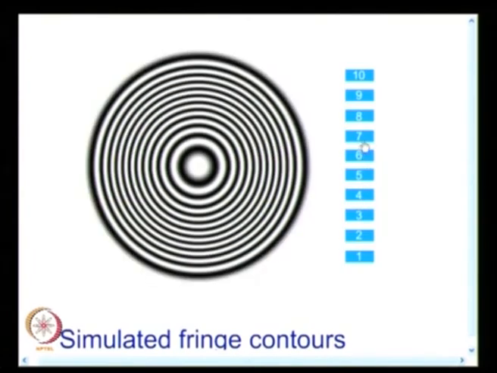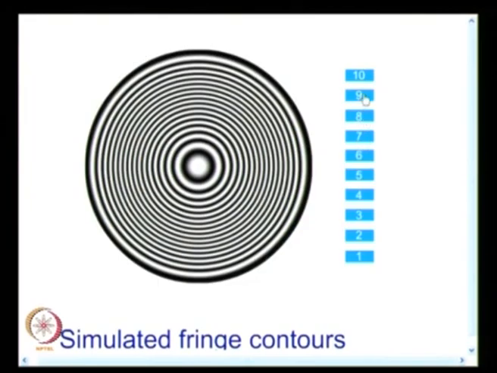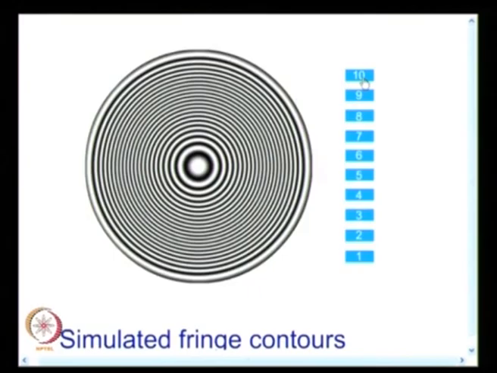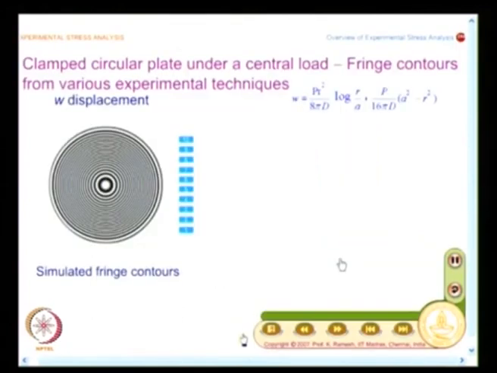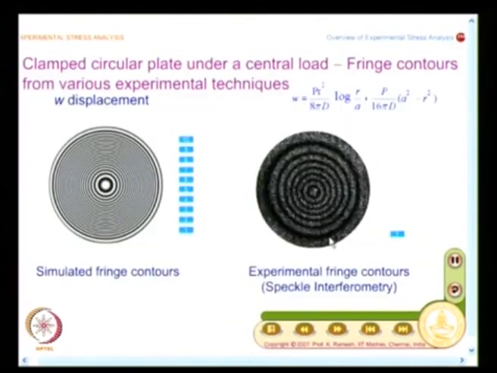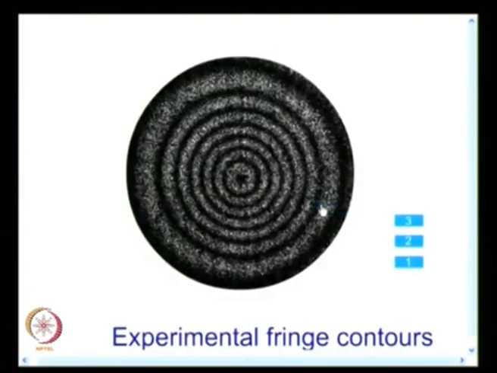And as the load is increased you have more and more circles. If I want to look at an experiment, I can get this from speckle interferometry, and I will magnify this and show it.